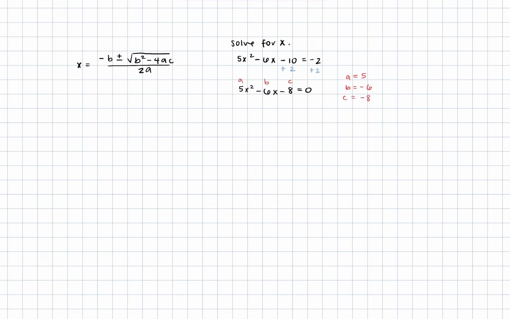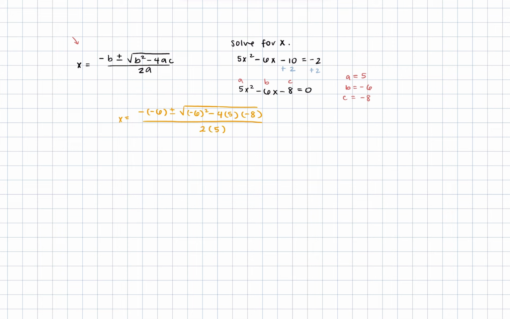Now we can plug all these values into our quadratic formula. So we have x equals negative times negative 6, plus or minus the square root of negative 6 squared minus 4 times 5 times negative 8, all over 2 times our a value, which is 5.